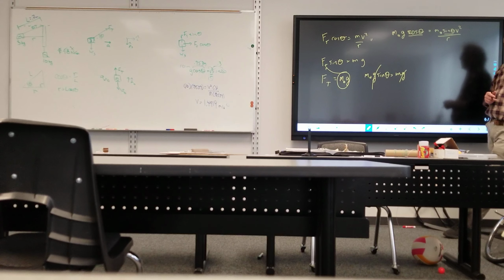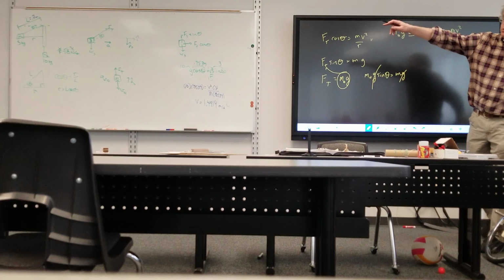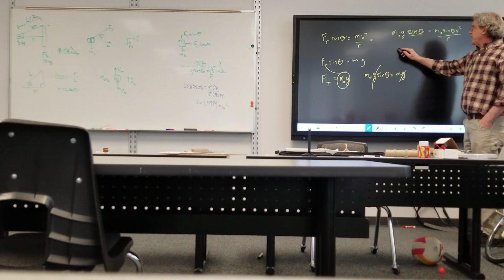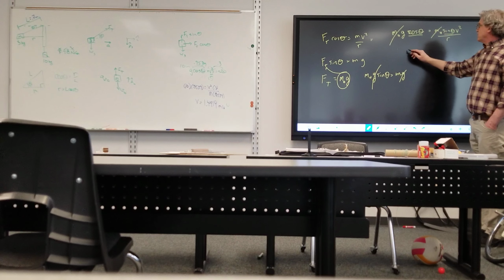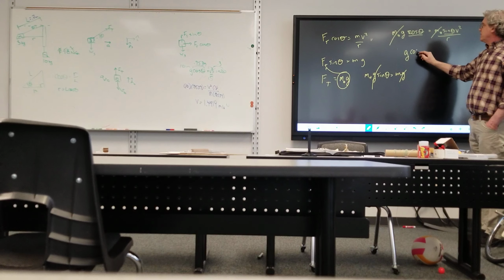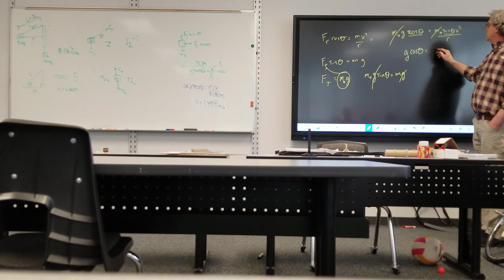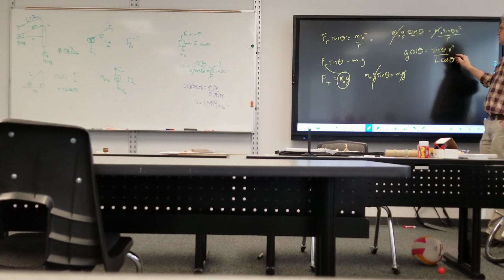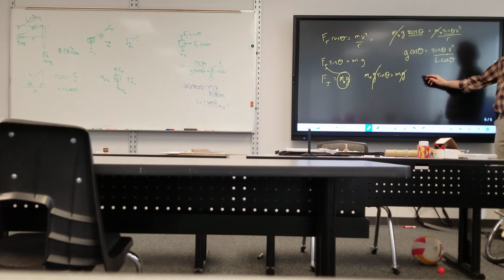But let's do one other thing. First, we don't know r, but we do know L. So we have, m10 cancels out, which is nice. So we have g cosine theta equals sine theta v squared over L cosine theta. So we have g L cosine squared theta equals sine theta v squared.